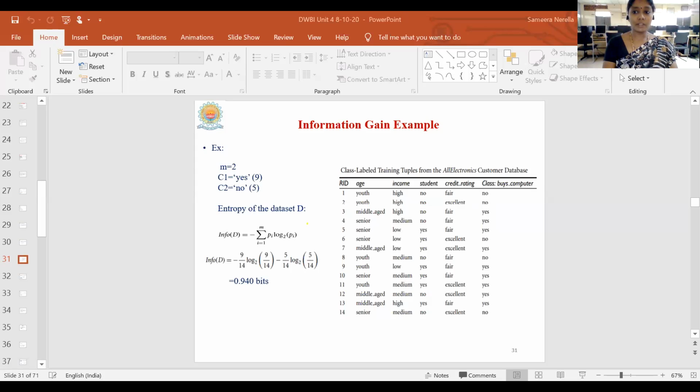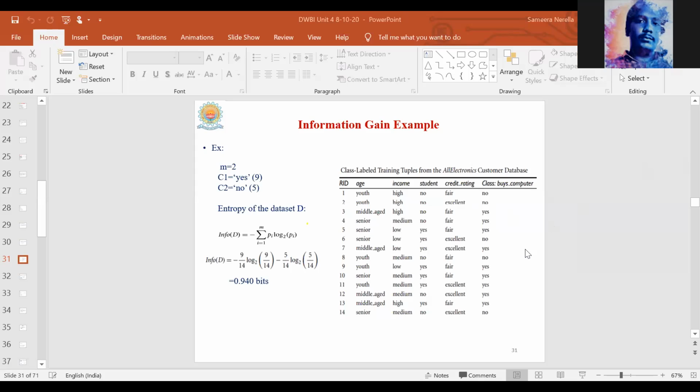So let's go back to the PPT. Here, in the last class, we also discussed some examples. We did an exercise on information gain. Is my screen visible?